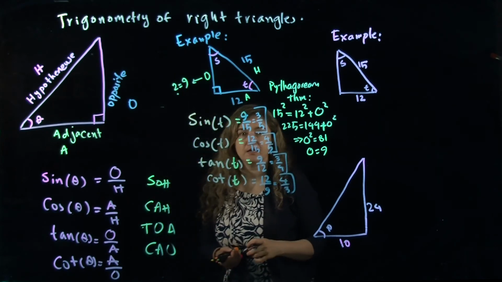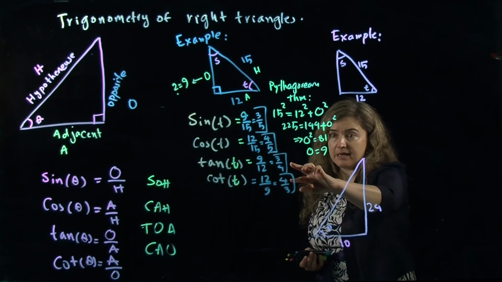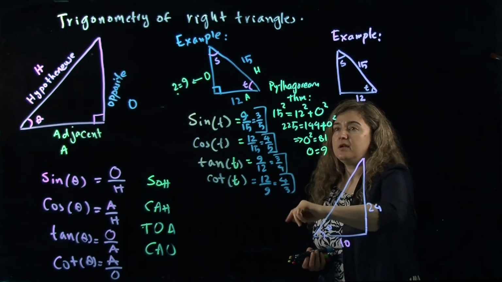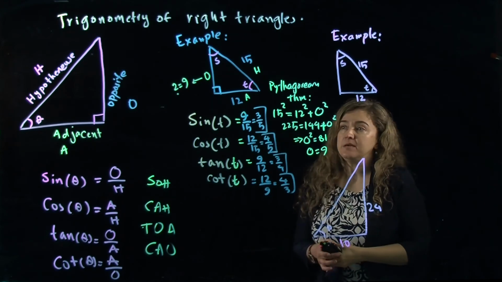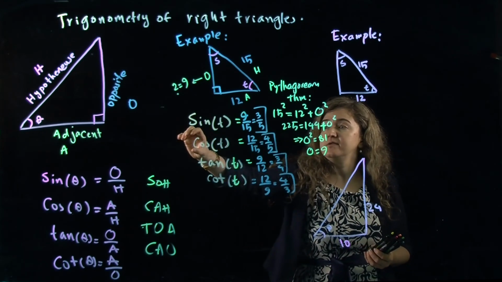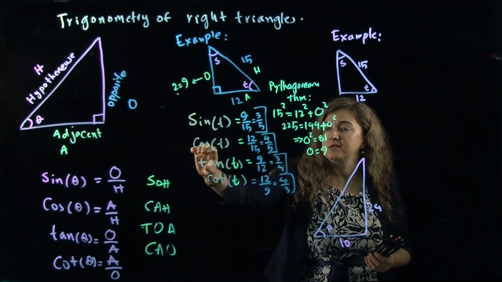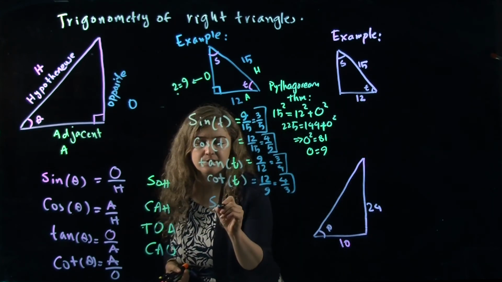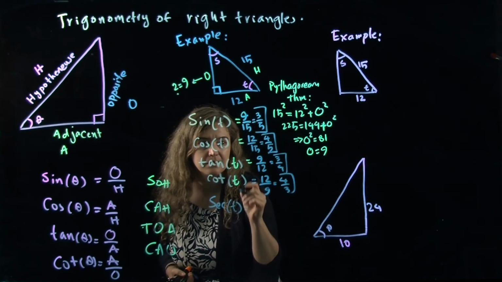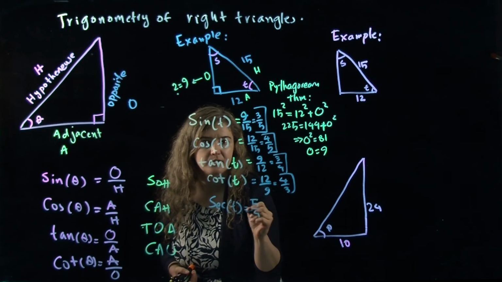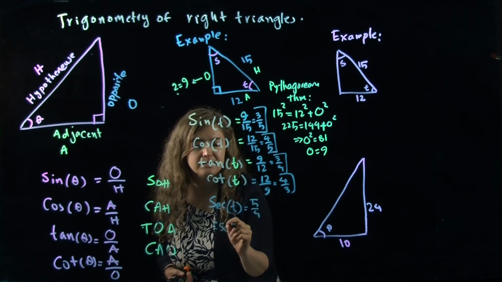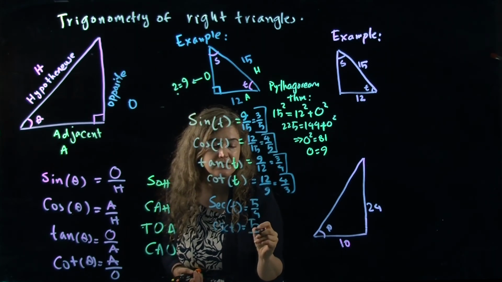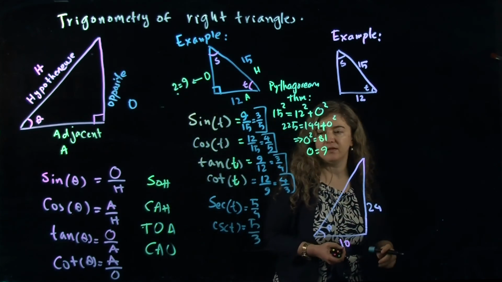Or I could have used the quotient identities to figure these two out. I can find the secant of t, and I know secant of t has to have the same denominator as tangent of t, so it's 1 over cosine. So secant of t is 5 over 4. And cosecant of t, again another quotient identity, is 5 over 3.